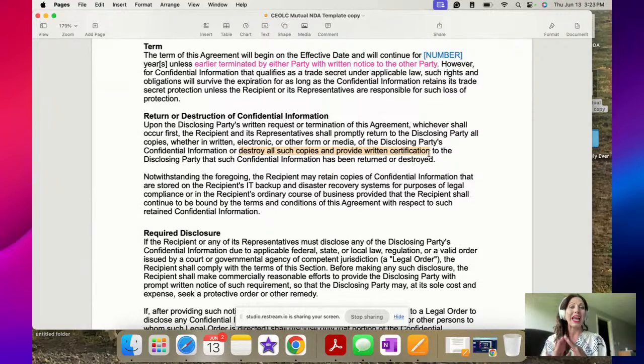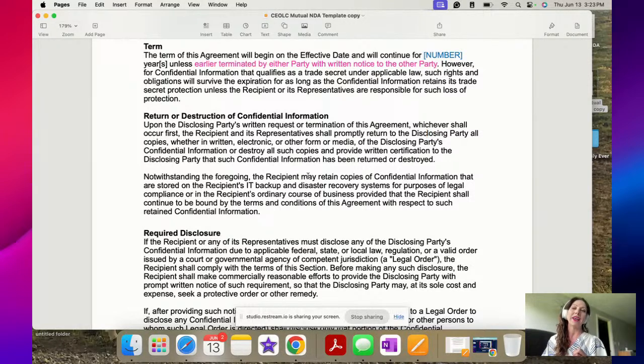So merely by this NDA ending, both parties now have to return everything automatically. Everything in their possession now must be returned to its original owner, or they have to destroy it.